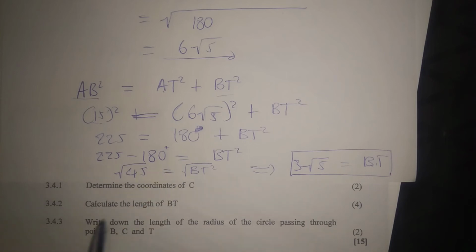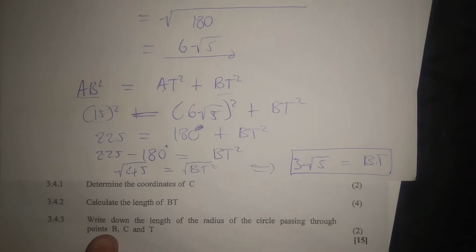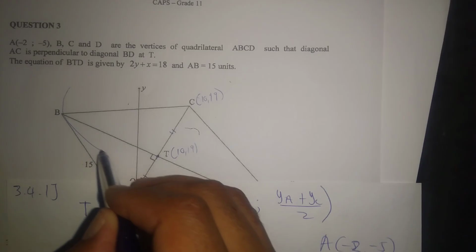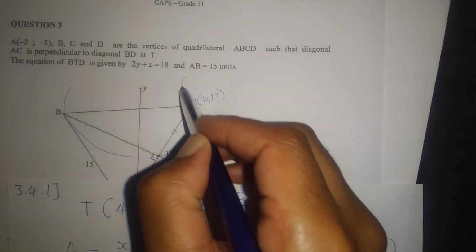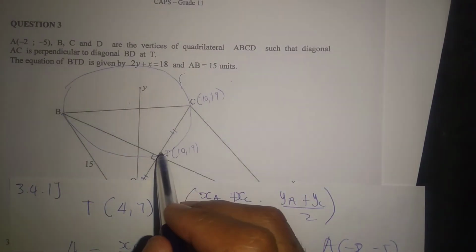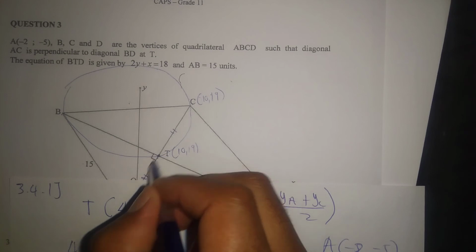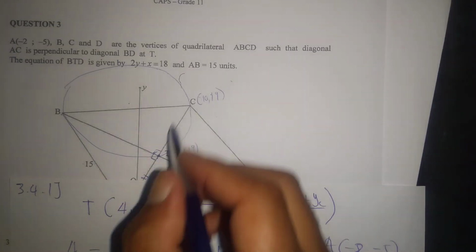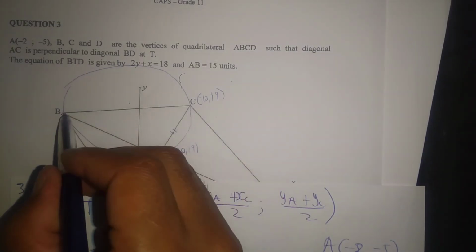So now, 3.4.3: Write down the length of the radius of the circle passing through points B, C, and T. So there is a circle that passes through B, C, and T. Because these lines are perpendicular, so 90 degrees, it's a right angle triangle inside a circle.